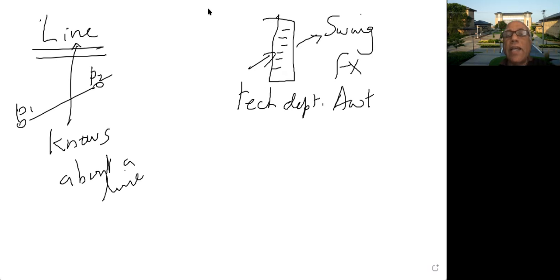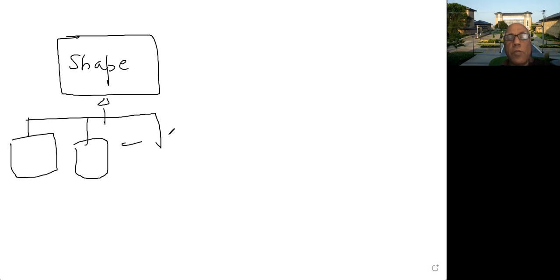So to handle this, we are using the bridge pattern. So what we have is essentially the shape class. Whenever you add a new shape, you add a new subclass.